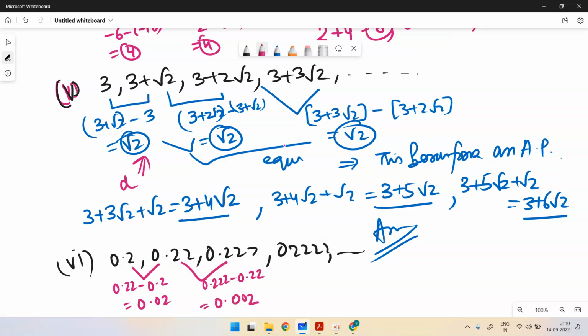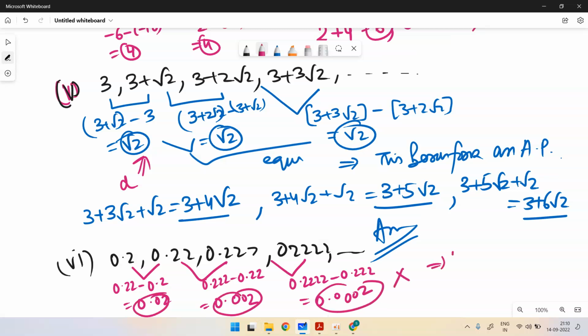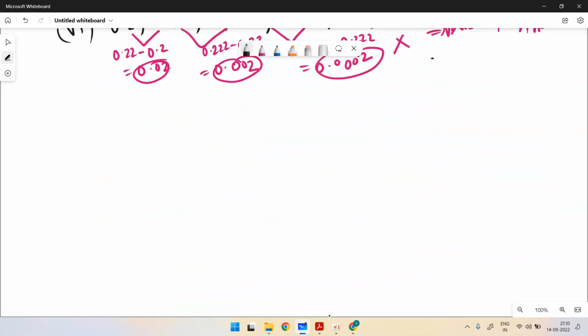Then 0.2222 minus 0.222 is nothing but 0.0002. And if you see, the common differences are not equal, so this does not form an AP. There's no need to solve further. What is the next part?